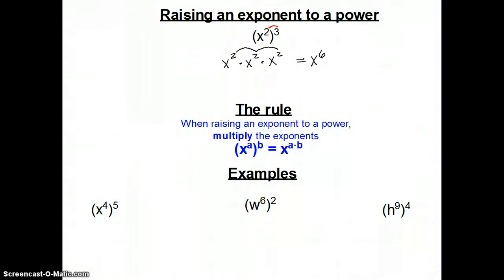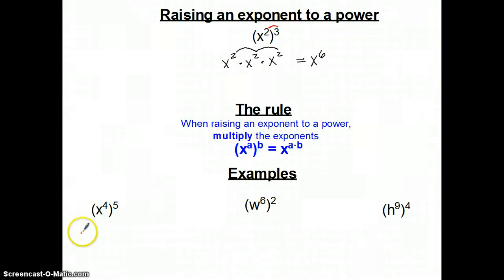How it looks in your standard form. If you have x to any power, let's call that a, and you take that and you raise it to the power of b, then all you're going to do is multiply those 2 exponents together, and that is your new exponent. So for example, I have x to the 4th, that's my base, I'm raising it to the 5th power.